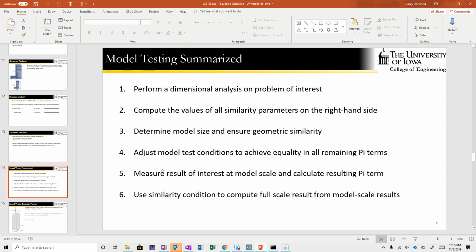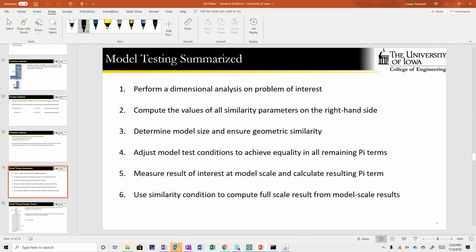So, for example, in our problem with the drag on the building, we've got D over rho V squared B squared is equal to some function of, like, H over B, dot dot dot, then rho V B over mu.